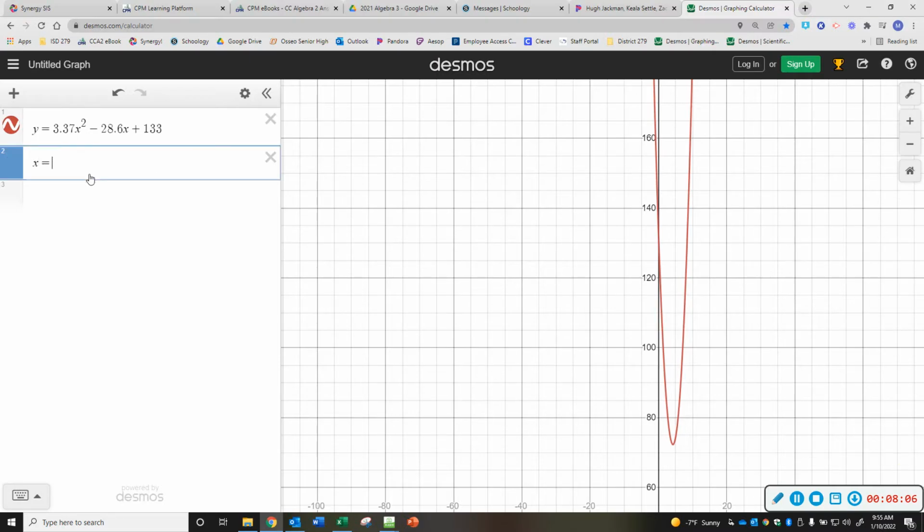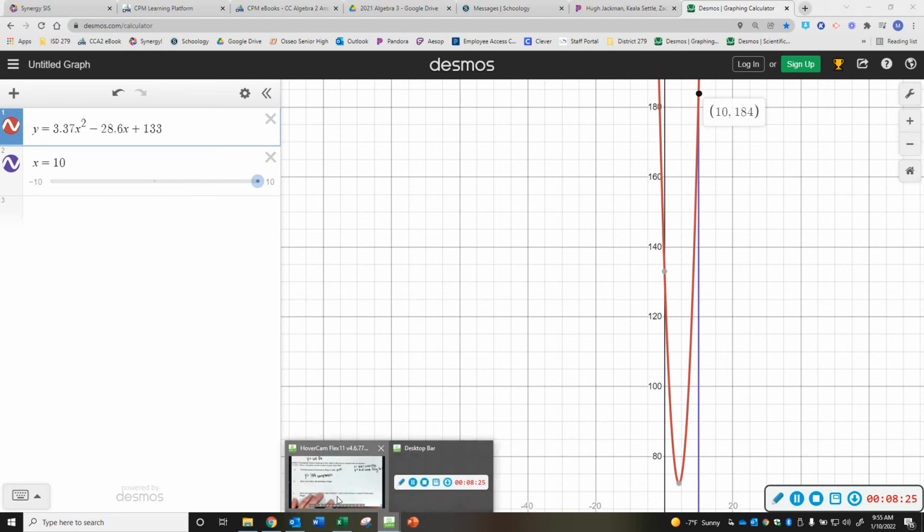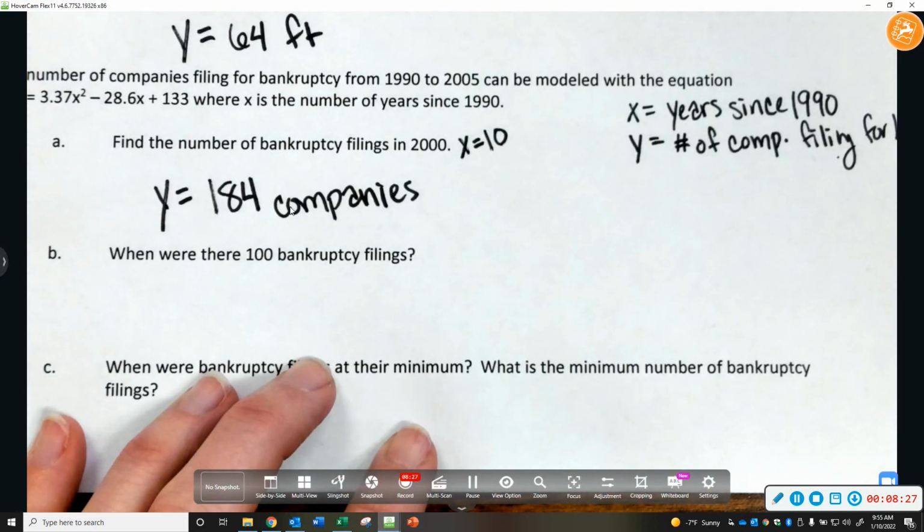So x equals 10. The number of filings is 184. And when we do word problems and applications, I always want units. So it's 184 companies.